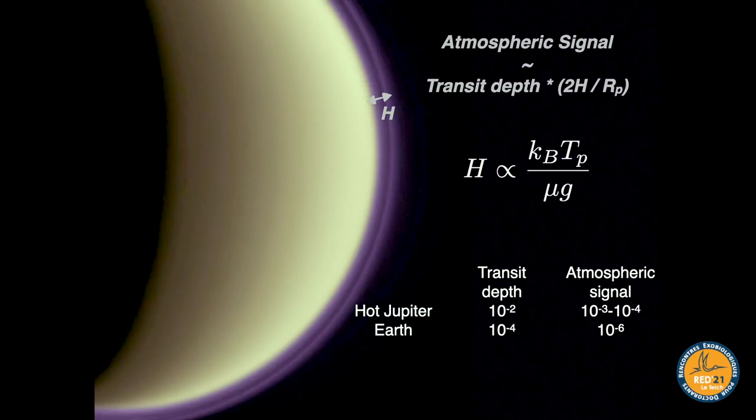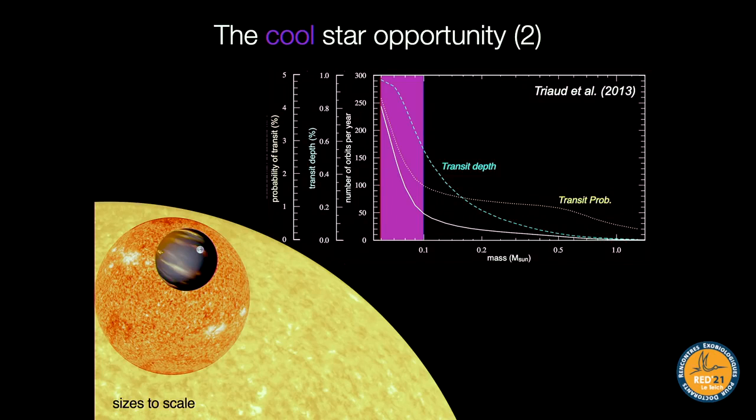Now, can we do that also for much smaller planets than just Jupiters and Neptunes? If you look at the numbers for the Earth, the Earth has a much smaller transit depth. The atmospheric signal, 10⁻⁶, is very small, and it's impossible to detect at the moment. But again, we do not necessarily need to look for Earths around the Sun. We can look for planets around smaller stars.